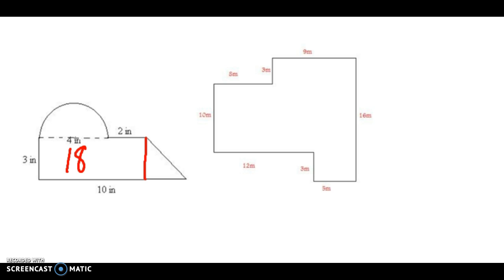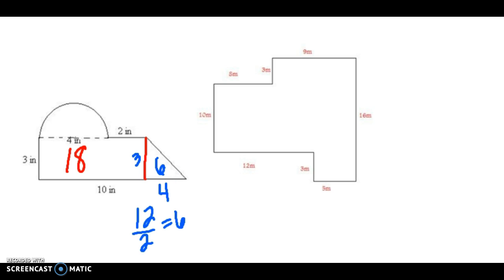Then I have my triangle. This is 4 plus 2 is 6 here at the top. So I'm going to do 10 minus this 6 leaves me with this part, which is 4, and my height is 3. 3 times 4 is 12. 12 divided by 2 is 6.